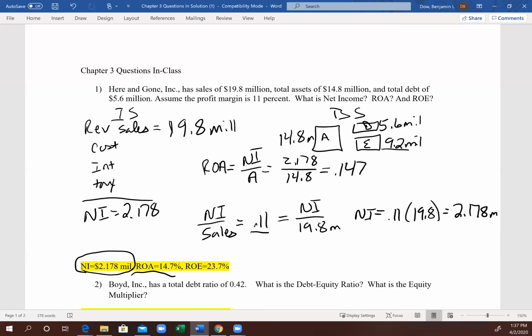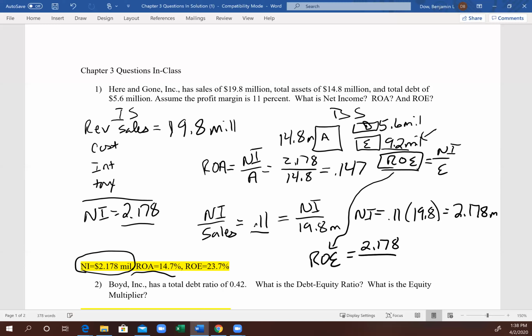Since we also know equity, return on equity is net income to equity. It's equal to 2.178 divided by 9.2, or 23.7%.